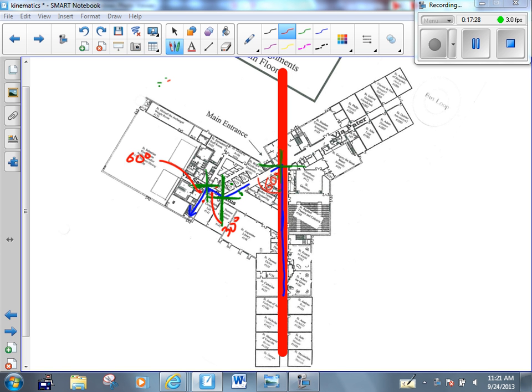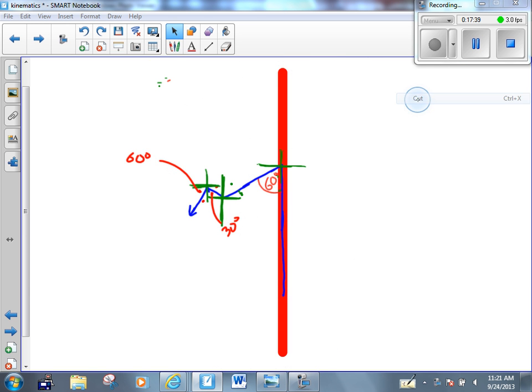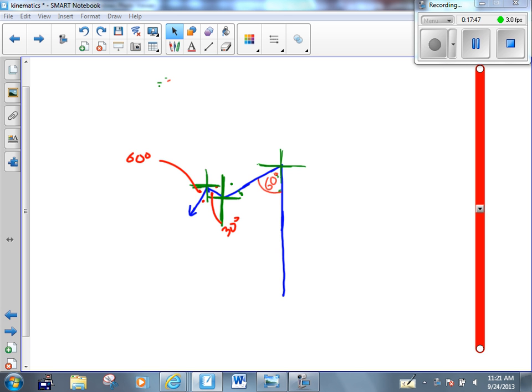Now if you take away, just make sure that I've got this all penciled in here. If we take away the map of the school, and if we take away that red line, then we've got a vector diagram that we solved on today's quiz, that we solved yesterday several times, right?